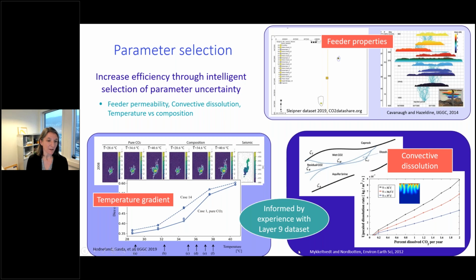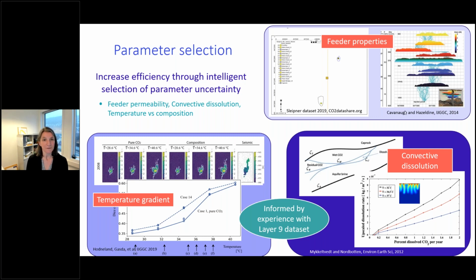On the bottom left is the temperature gradient. There, of course, have been many studies about the temperature and the uncertainty of the temperature, and then pointing to a study here where we looked at comparing uncertainty of temperature versus uncertainty of the plume composition in the CO2 injected fluid having some impurities, and landed upon that temperature really is the main factor, and so we chose to focus on temperature. And on the far right bottom is convective dissolution.